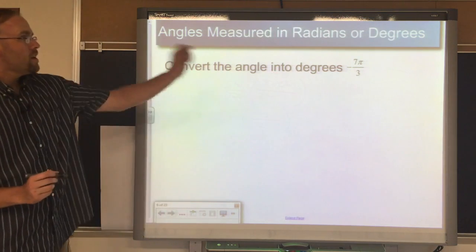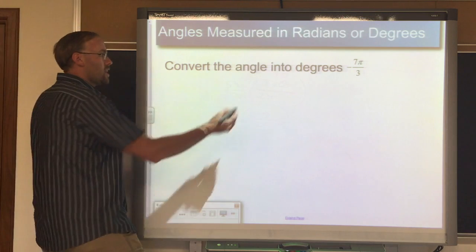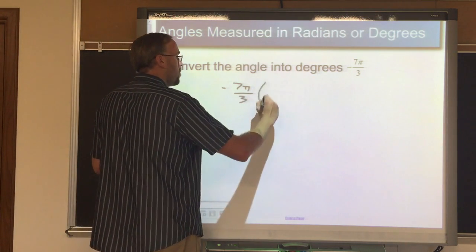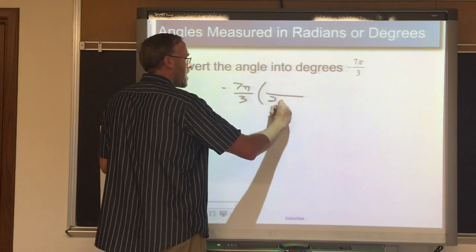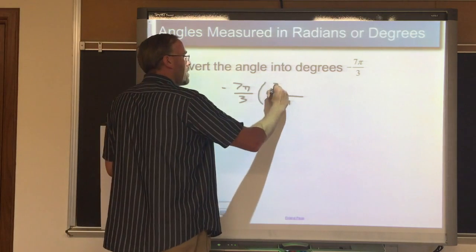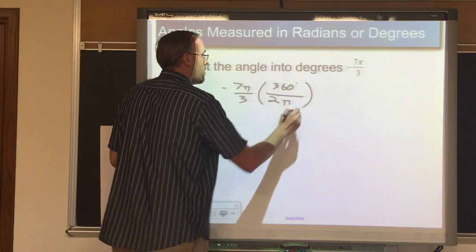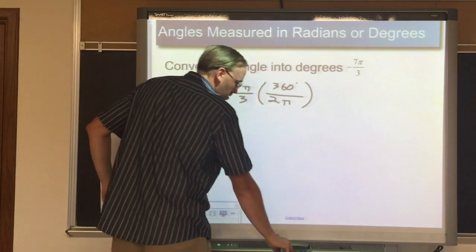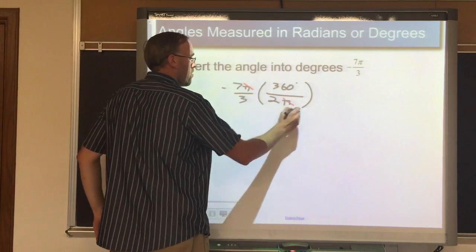The next one, negative 7 pi over 3. Again, we are going to multiply by that conversion factor. 2 pi radians is on the bottom because we want that to go away, and 360 on top because that's what we want. So what can we cancel? Again, the pi's cancel.